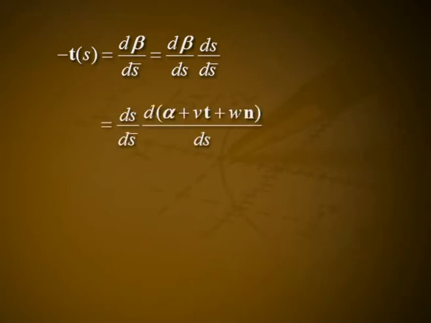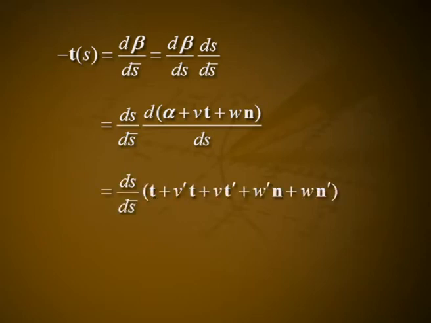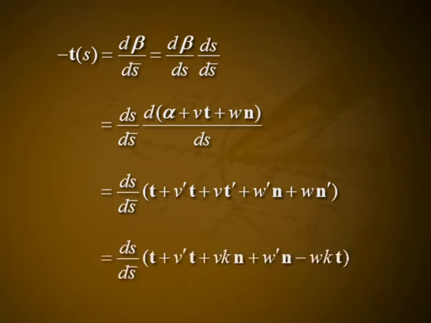Let s bar be arc length along β, so that dβ/ds bar is the unit tangent, and differentiate equation 5 with respect to s bar. −T(s) = dβ/ds bar = dβ/ds · ds/ds bar = ds/ds bar · d(α + Vt + Wn)/ds = ds/ds bar (t + V't + Vt' + W'n + Wn') = ds/ds bar (t + V't + Vkn + W'n − Wkt).